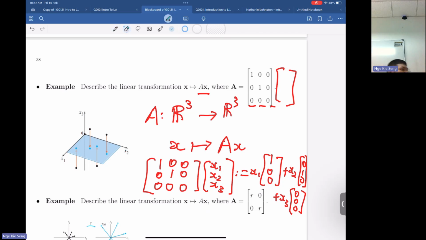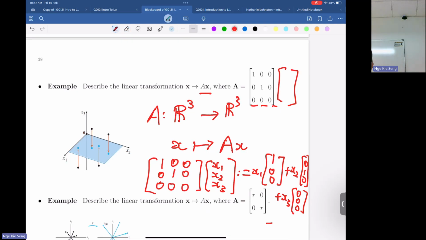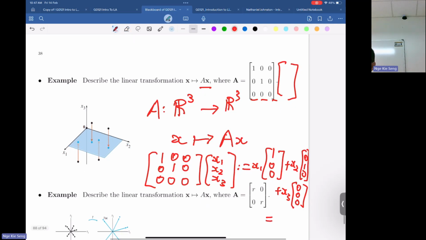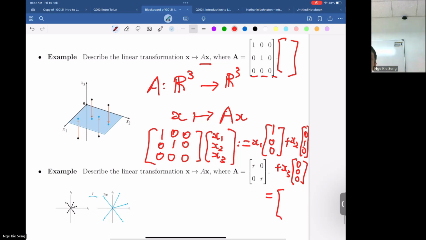Whenever I give you a transformation, make sure you know how to figure out the problem. But in this case, did you notice something? If you add these three vectors together, what's the end product here?